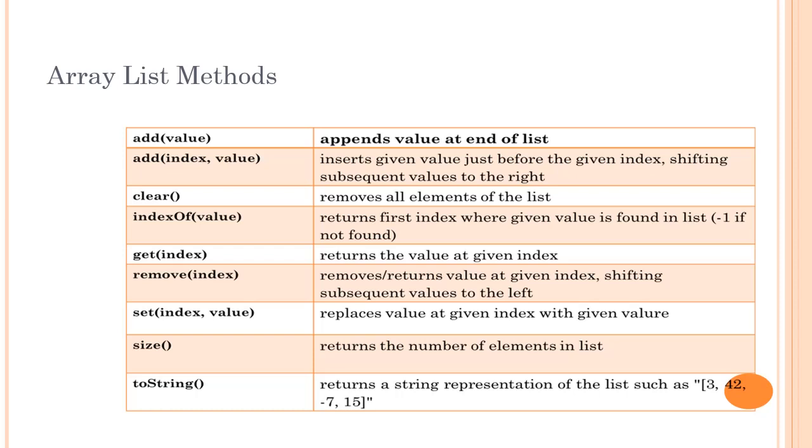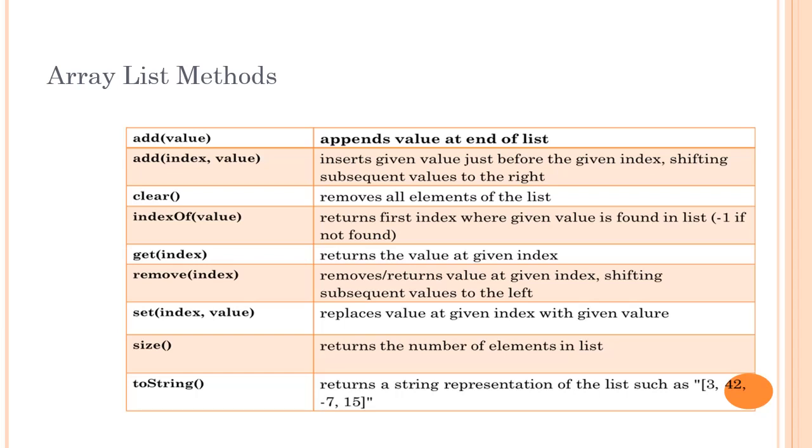The method remove takes an index as an argument, and it will remove the value at the given index, and it will also shift the subsequent values to the left. The set method takes as arguments the index and the element to be modified, and it will replace the old value by the new given one.